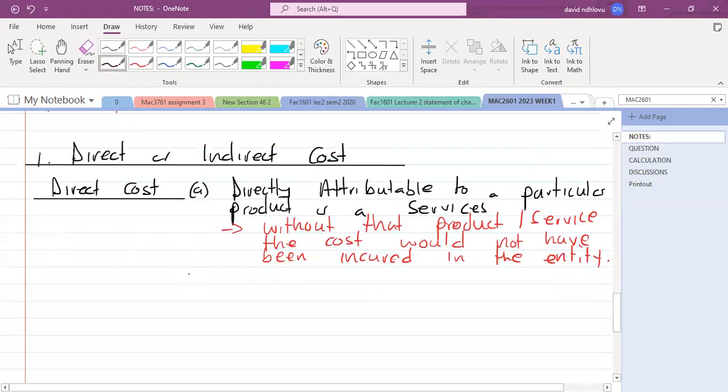I will explain it in another way. We are saying the cost is easily identifiable on the final product.